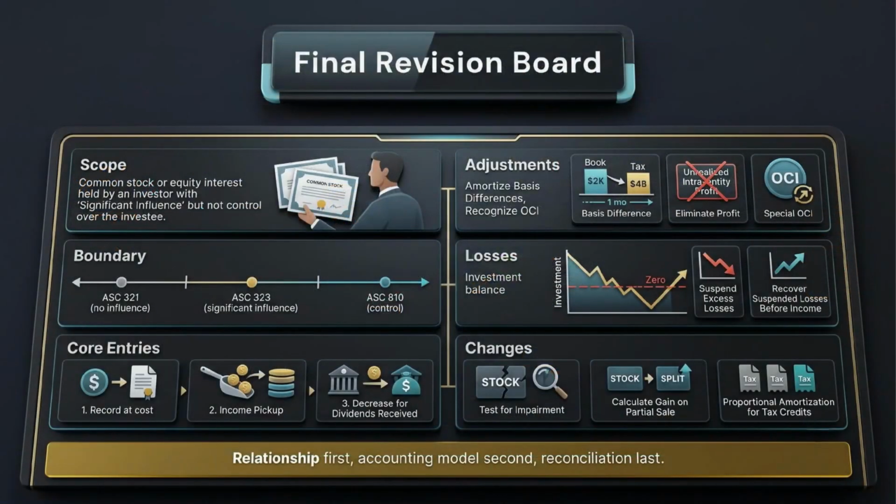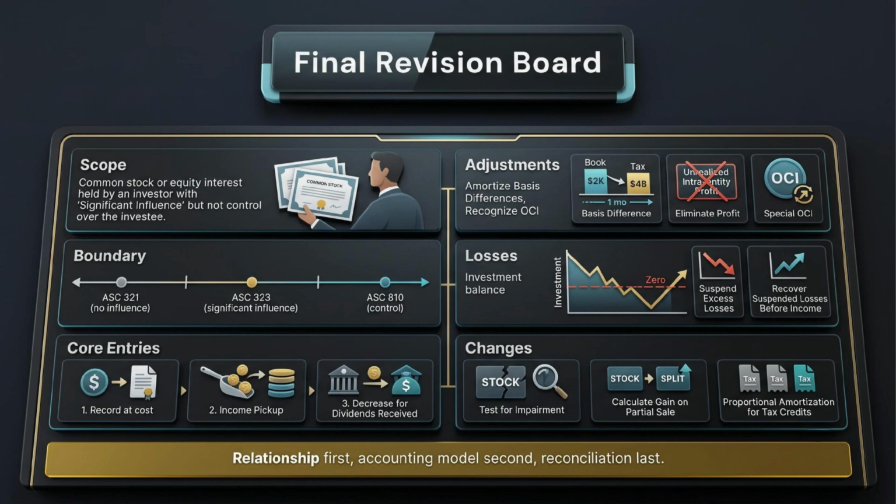The final revision board gives us the full memory map. Scope asks whether the investor has common stock or an equity-like interest with significant influence but not control. Boundary separates ASC 321, ASC 323, and ASC 810. Core entries are cost, income pickup, and dividends.